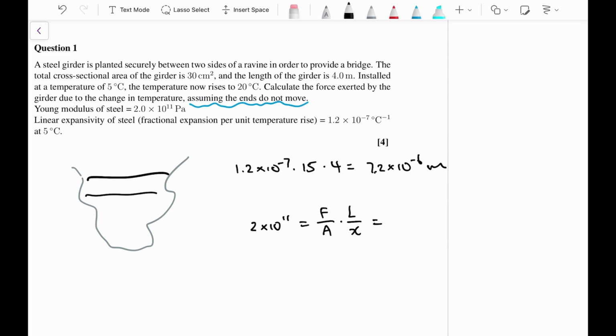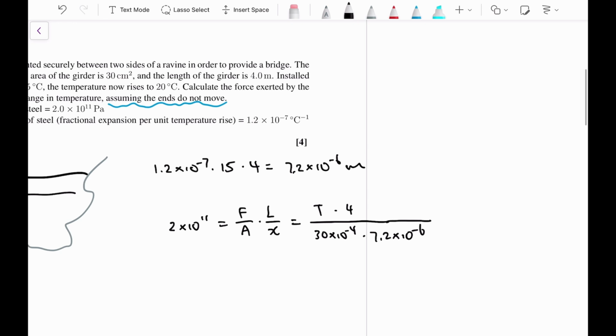So this will be equal to force, let's give it as tension, times the length. The length of the bridge is 4, over the area, which is 30 times 10 to the minus 4. We give it in square meters, and multiply it by the change in length.